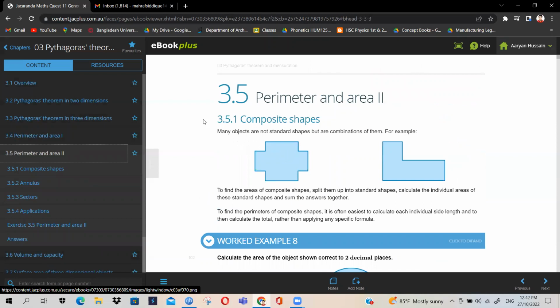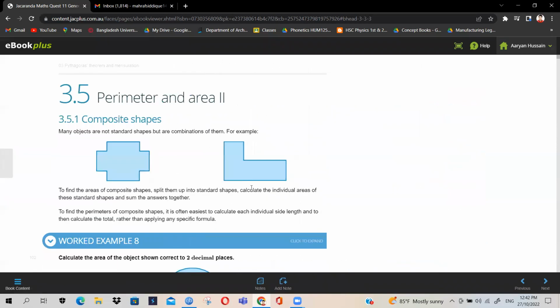Now we will look at some more complex shapes and see how we can determine their areas and perimeters. Before getting into all the explanations, if you see this shape, what should be your approach while finding the boundary or the perimeter of it? Cut it into smaller yet simpler shapes.